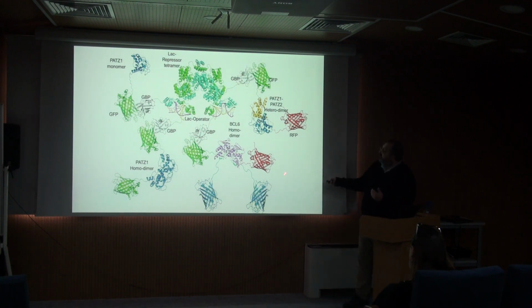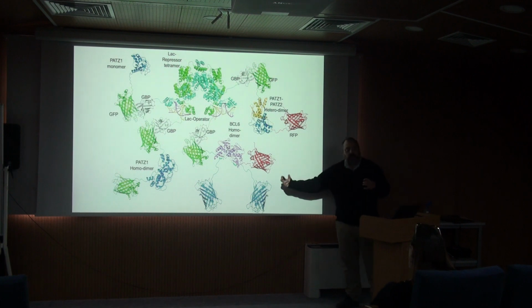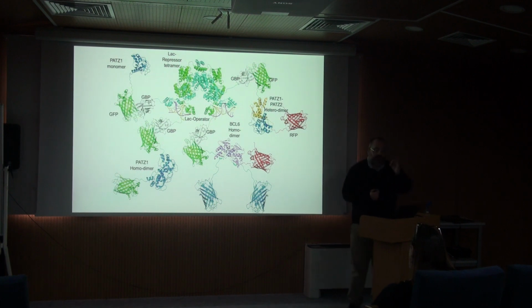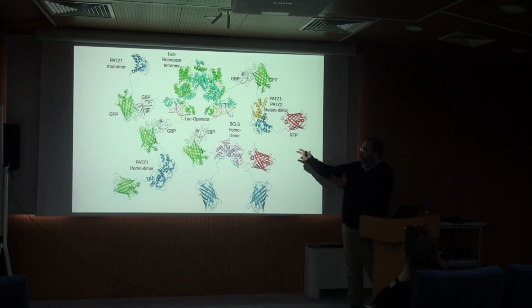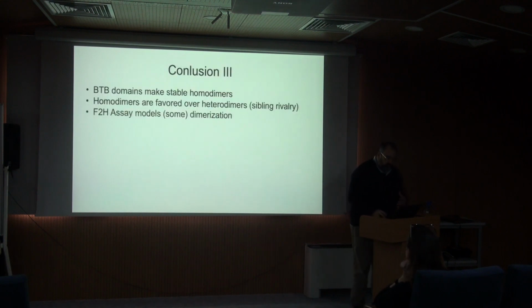So you have this kind of structure repeated multiple times. Clearly, you're not seeing a single GFP molecule in the nucleus. You're seeing multiple of those. We don't know how many GFPs we need to see in our system. What is the sensitivity of the system?